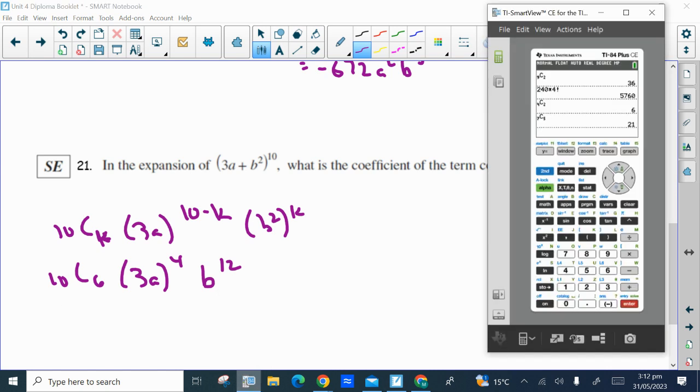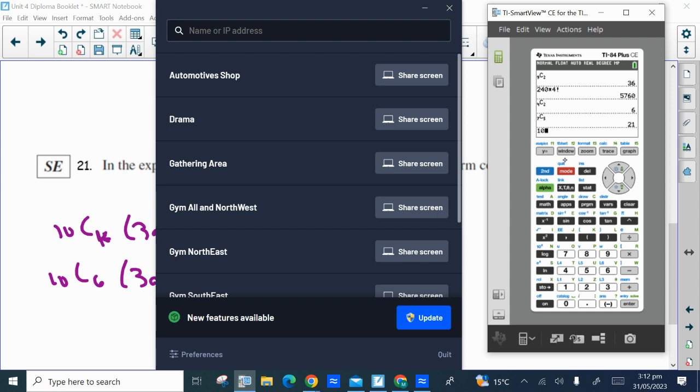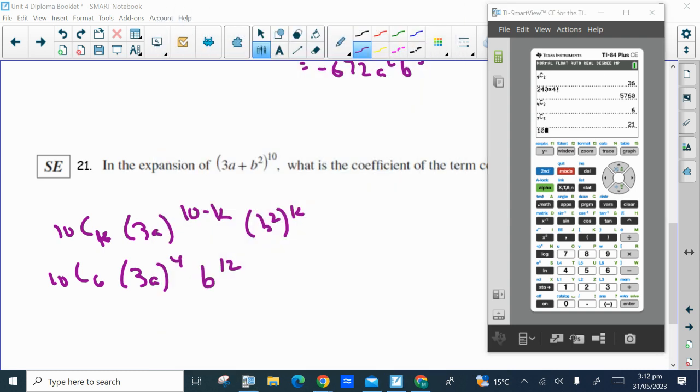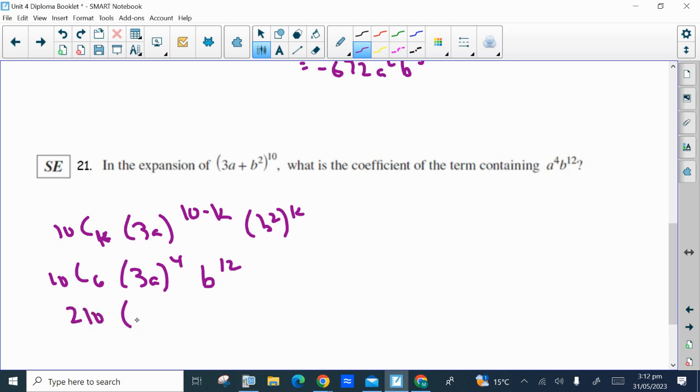So 10C6 is 210, and that's multiplied by 3a all to the fourth, which is 81a to the fourth b squared. So it's 210 times 81, which is 17,010. There's the value of that coefficient.